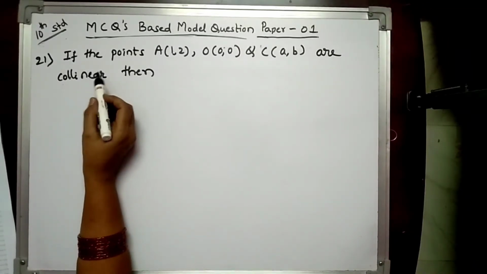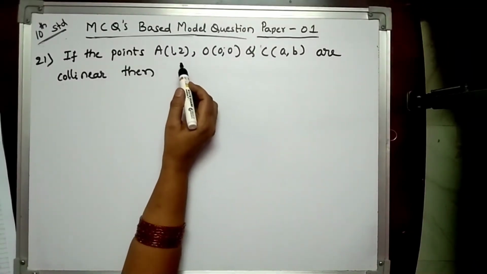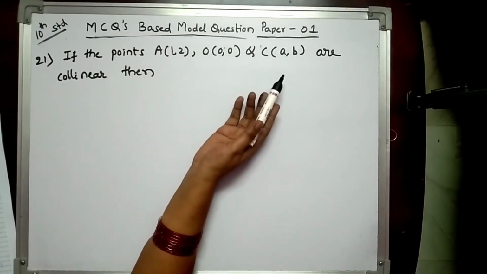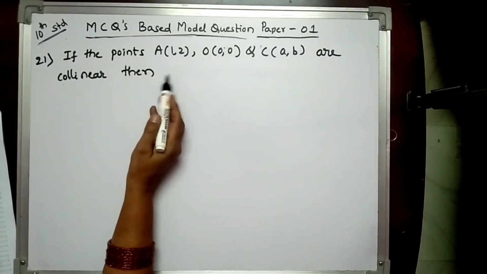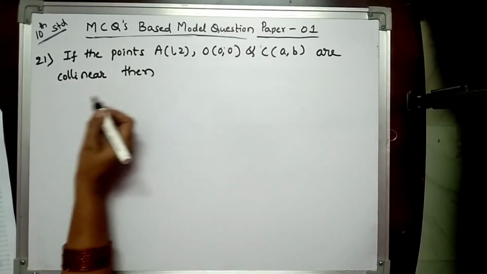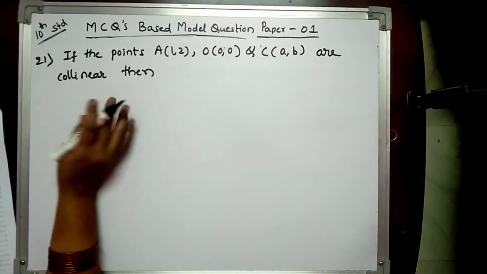Question number 21. If the points A 1 comma 2, O 0 comma 0 and C a comma b are collinear, then already they are collinear, they are given. The condition is area of triangle is equal to 0.